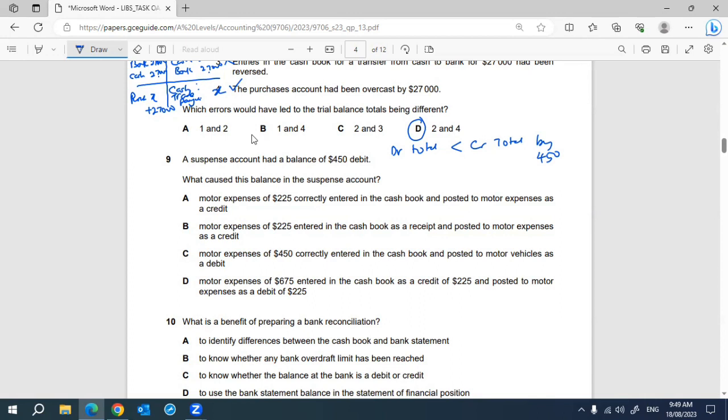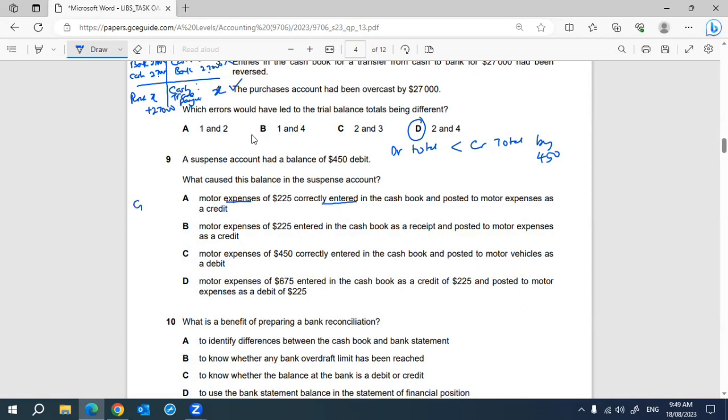Motor expenses of 225 correctly entered in the cash book, posted to the motor vehicle as a credit. Okay. Now what this means is, since they use the word expense, it is something that we are paying for, which we should be crediting in the cash book, and which is mentioned that we did correctly.